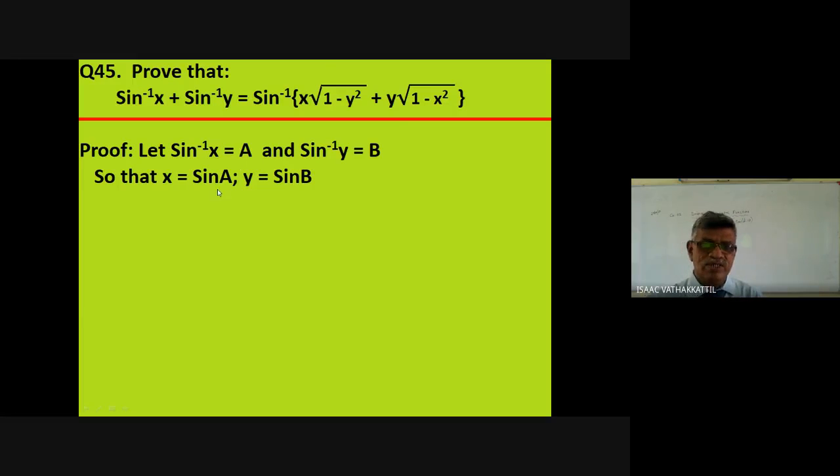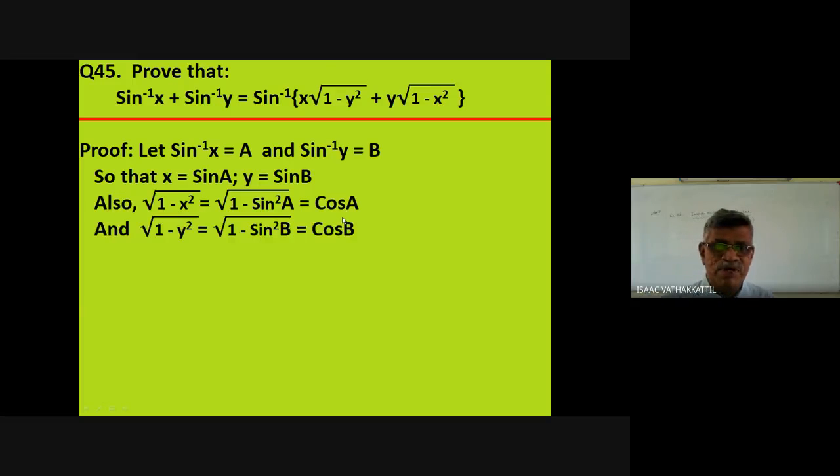When x equal to sin a, what is under root 1 minus x squared? That is under root 1 minus sin squared a, that is under root cos squared a, which is cos a. And what is under root 1 minus y squared? That is under root 1 minus sin squared b, that is under root cos squared b, that is cos b.